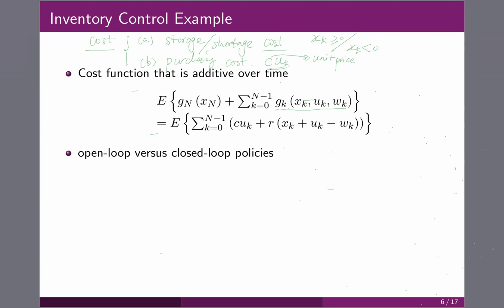So gk is, in general, a function of xk, uk, and wk. Here xk is the storage. It will affect the storage and shortage cost. And uk will affect the cost B, because the cost B is c times uk.